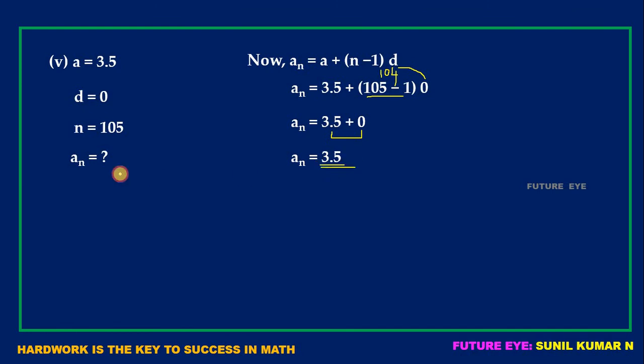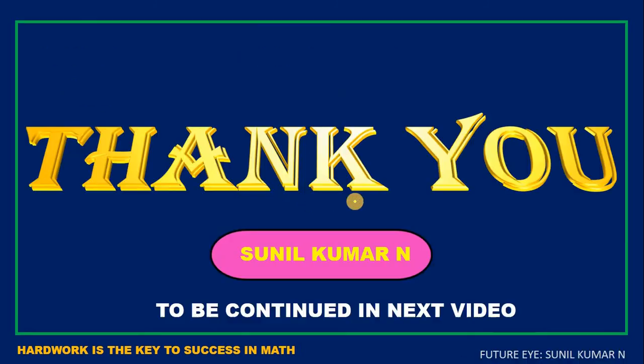See, AN is equal to 3.5. It means the 105th term is also 3.5 only. Not only the 105th term, children, any term in this AP you take will be 3.5 itself, because here the value of D is 0. Hence, AN equals 3.5.